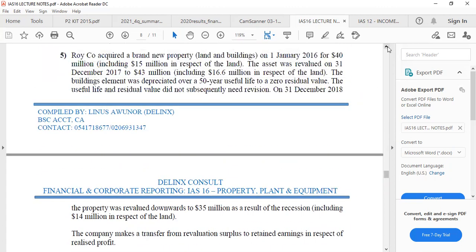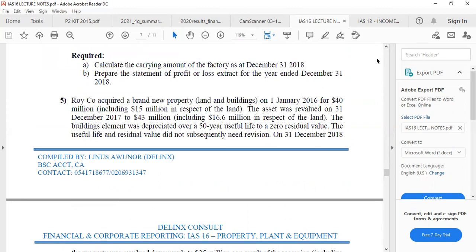Okay. So the first thing is that if you have a question that is involving PPE and there's a revaluation, the first thing that you have to ask yourself is, when was the revaluation done? In this particular question, the revaluation was done twice, isn't it? When was the first revaluation done? On 31st December 2017. When was the property acquired? 1st January 2016.